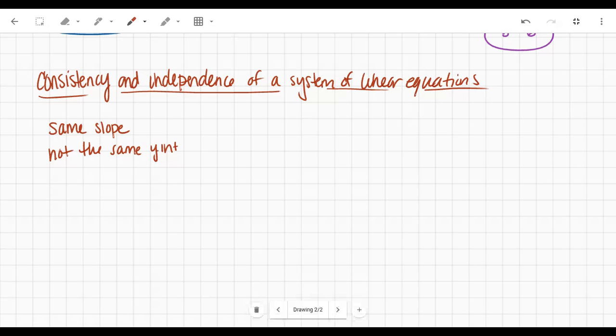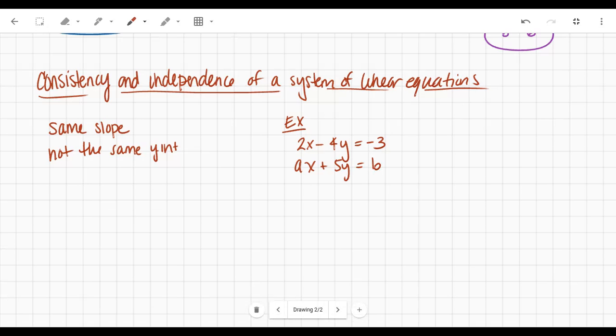So if we go back here, these are kind of throwing me off. I haven't done problems like this in a while. An example here, we have 2x minus 4y equals negative 3, and we have ax plus 5y equals b.